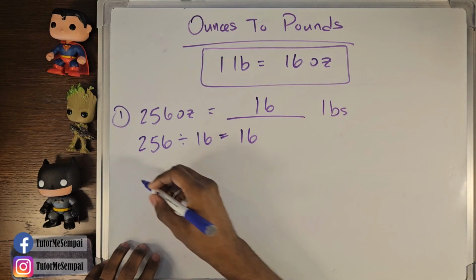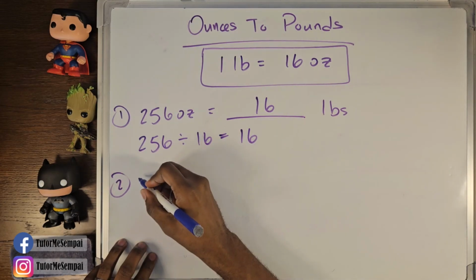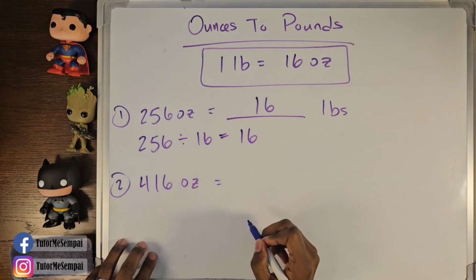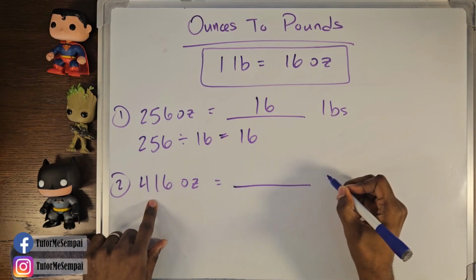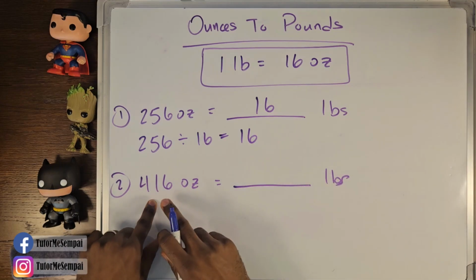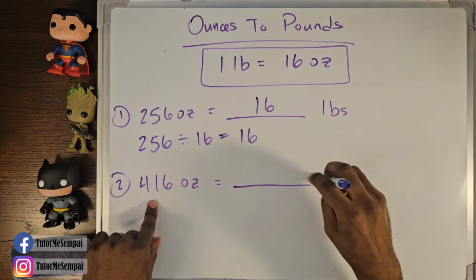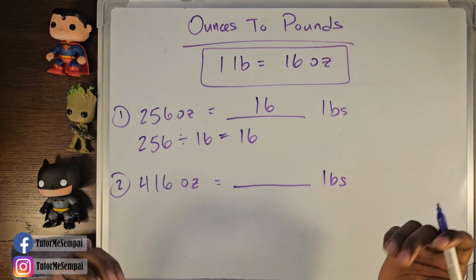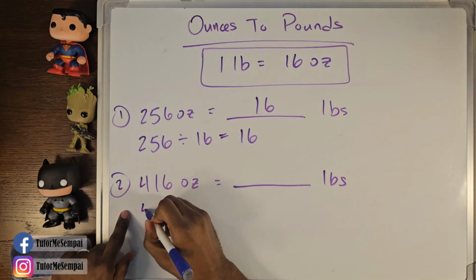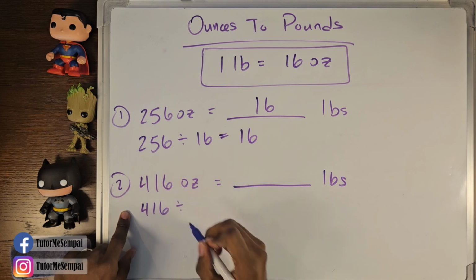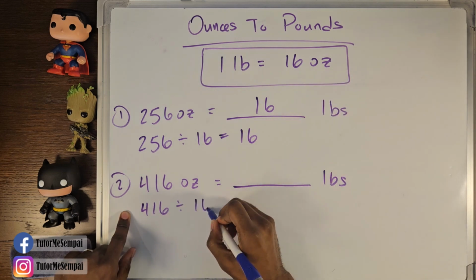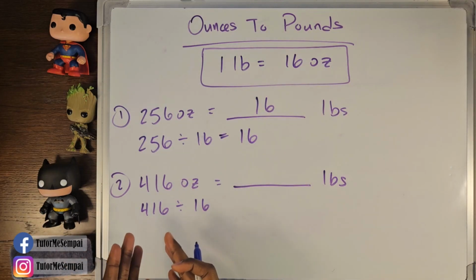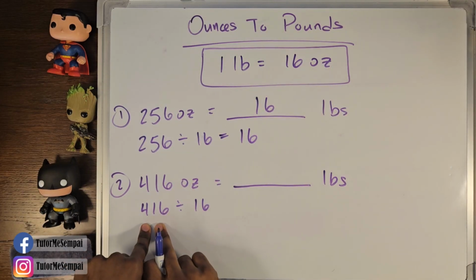Let's look at another example. Let's say we have 416 ounces now. We want to know how many pounds we have when we have 416 ounces. Well, we're going to do the same exact thing. We're going to take our 416, divide that by our 16 up here, because we want to know how many groups of 16 are going to be in this 416.